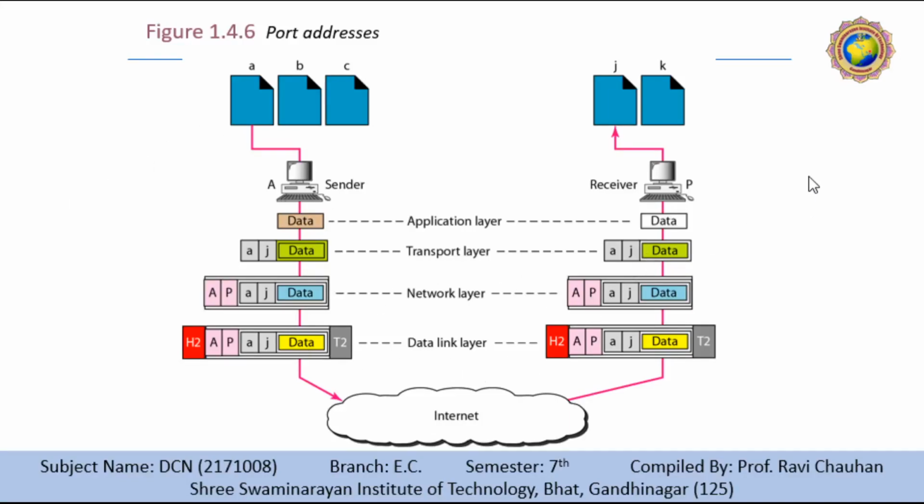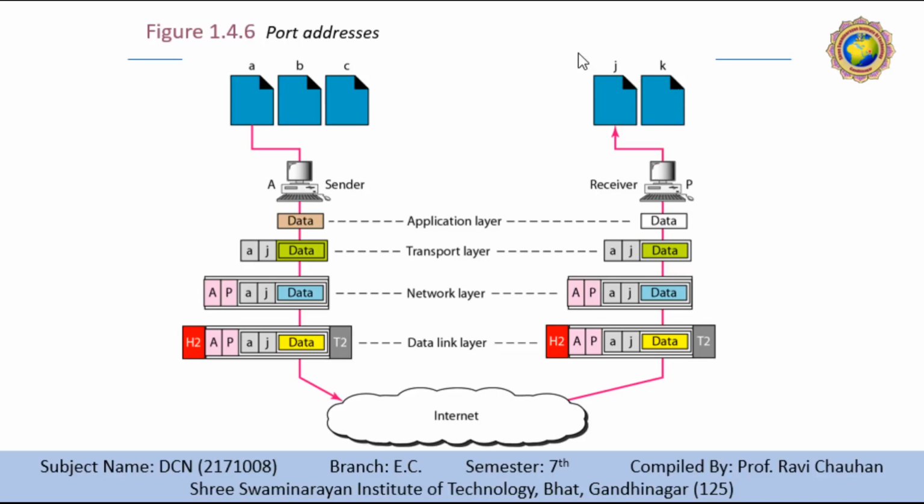The sending computer is running three processes, A, B and C, with those port addresses. The receiving computer is running two processes with port addresses J and K. Process A in the sending computer needs to communicate with process J in the receiving computer.